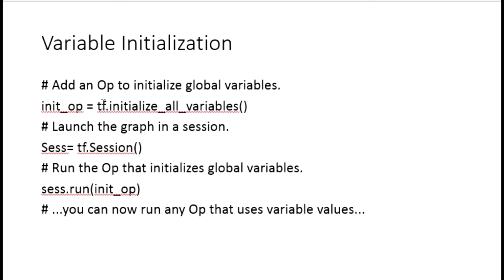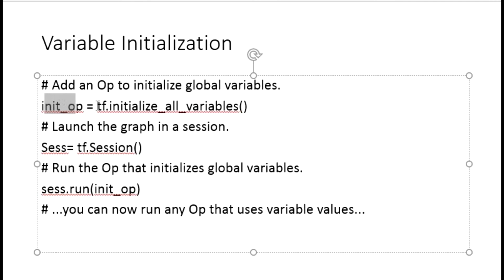Here is an example. Init op will contain the operator, and this is the function call. Then you would launch the graph in a session. This is the default graph, and then you would run session.run with the init operation, and now you can evaluate variables, or you can update them.